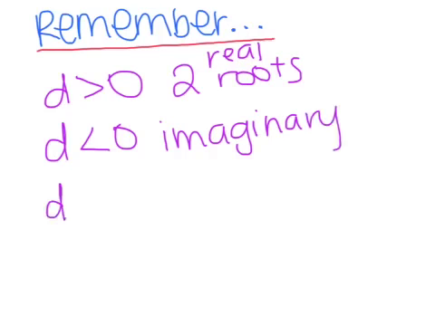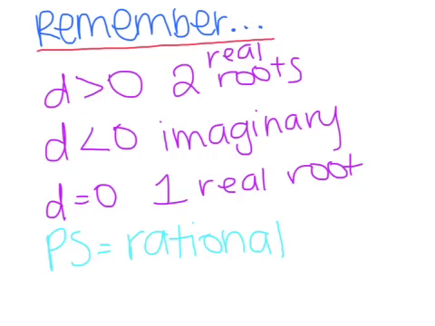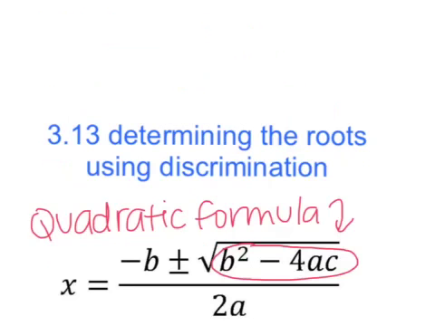And if the discriminant is equal to 0, that means you're going to have one real root. And the other thing you need to remember is that if the discriminant is a perfect square, that means your roots are rational. If it's not a perfect square, then they're irrational. So that's how you determine the roots using the discriminant.